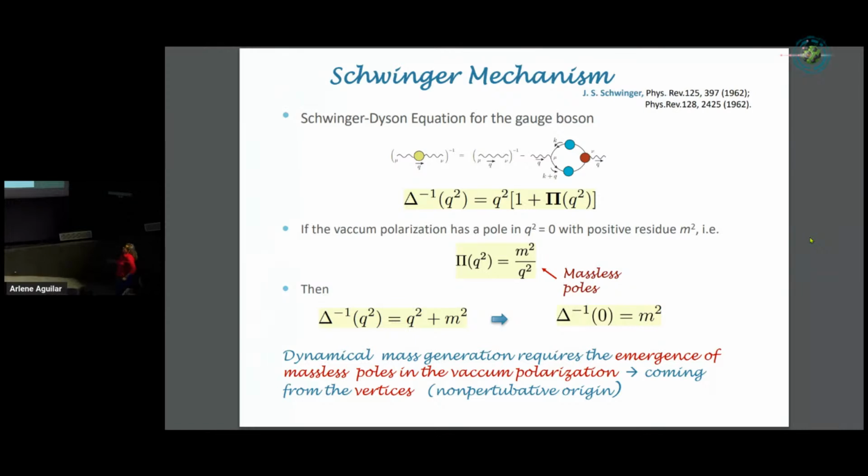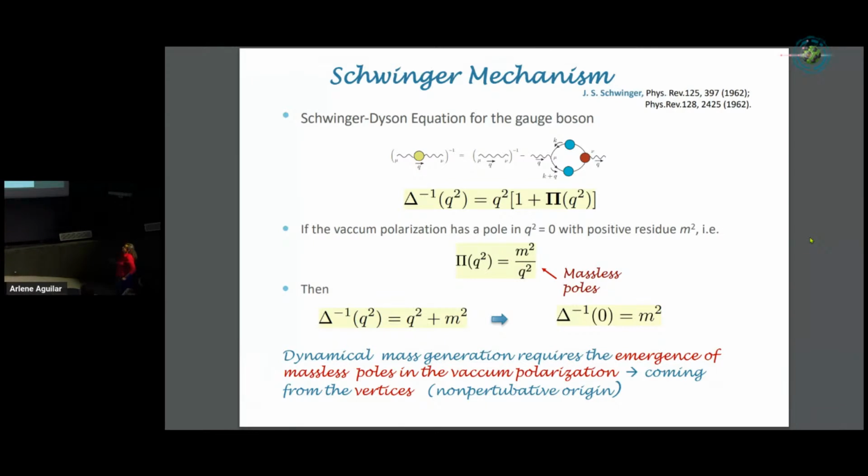So the vacuum polarization should acquire a massless pole. How can I make this vacuum polarization acquire these massless poles? The vertices that appear in this vacuum polarization should have this massless pole.